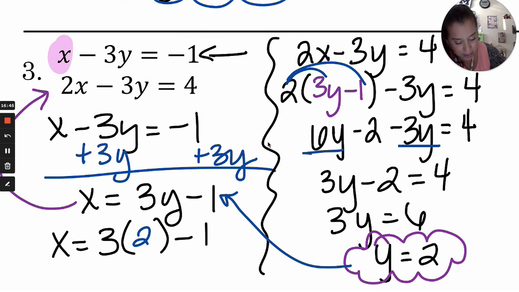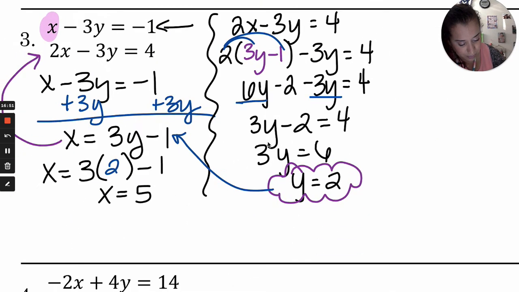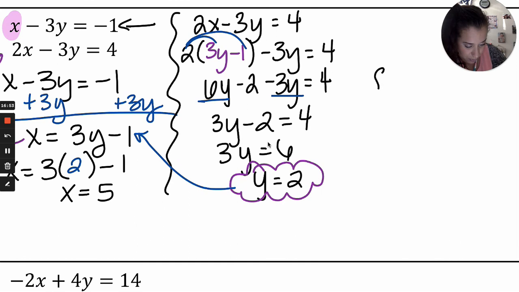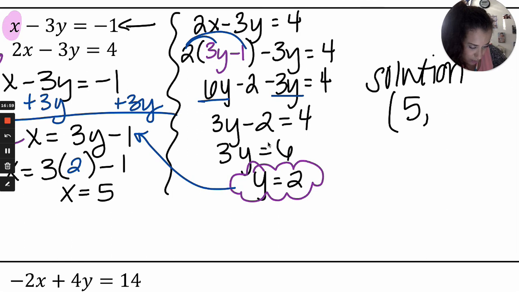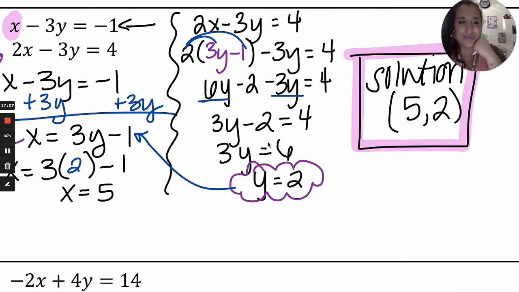So 6 minus 1, x equals 5. So my solution is 5, 2. Okay.